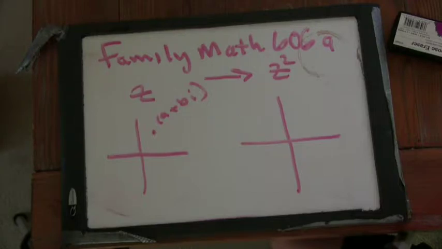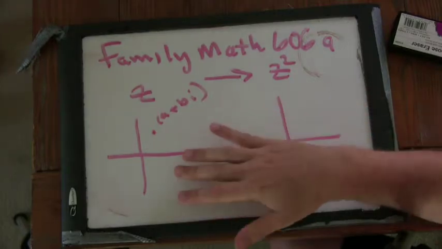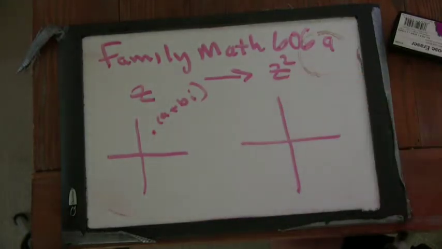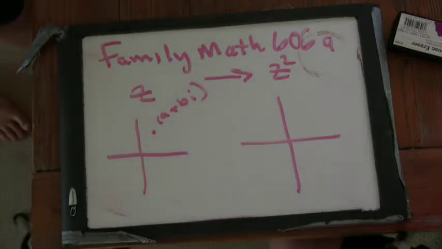So before we even start, what do you think it's going to look like? It's very hard to envision because it's a two-dimensional thing turning into something else two-dimensional. I think it's going to have something to do with a parabola somehow, because that's what I normally think about when I see squares.